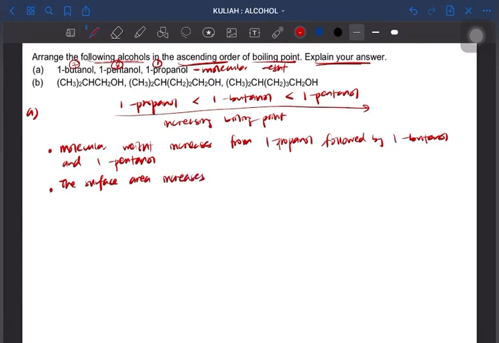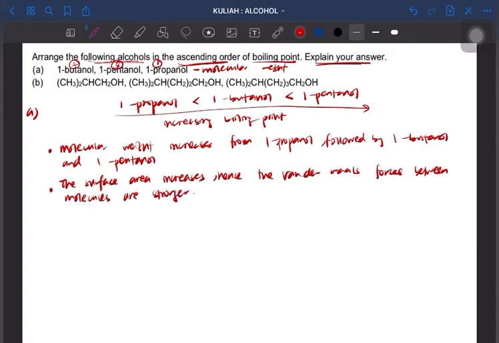Okay, the surface area increases, hence the van der Waals forces between molecules are stronger.